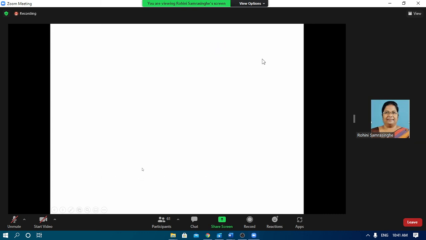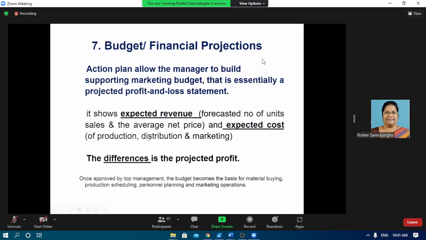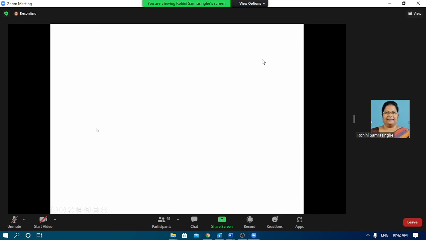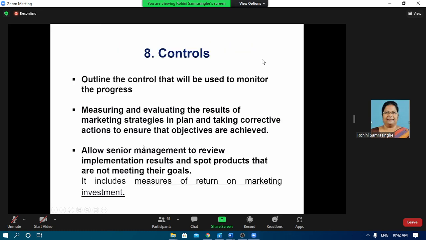Finally, you can develop a budget, and I am not touching a lot of things relating to that. What are the revenues and expected cost versus revenue? You can put them under the projected profit and sales projection section under the budget. Finally, you may need to tell how your plan is going to monitor the progress, how to evaluate, how you measure the results of the marketing strategies in your marketing plan.